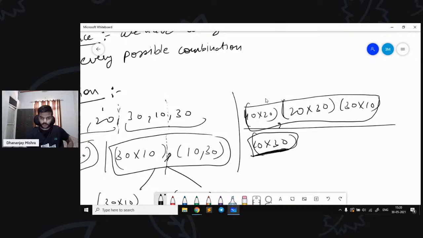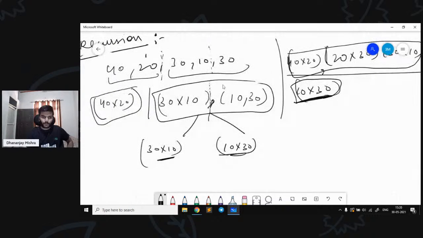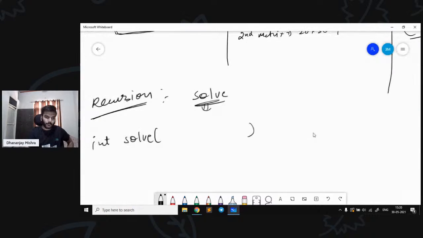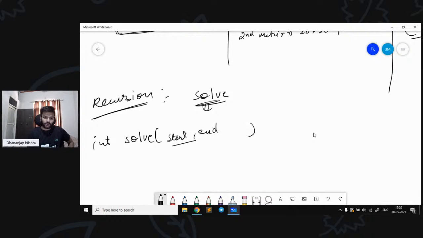For that, the start and end will be pointing here, and for the second one, the start and end will be here. So I hope you are getting that we have to pass a range. For passing a range, we will have a start pointer and an end pointer depicting our range, on which we are finding the cost for all the matrices lying in that range.